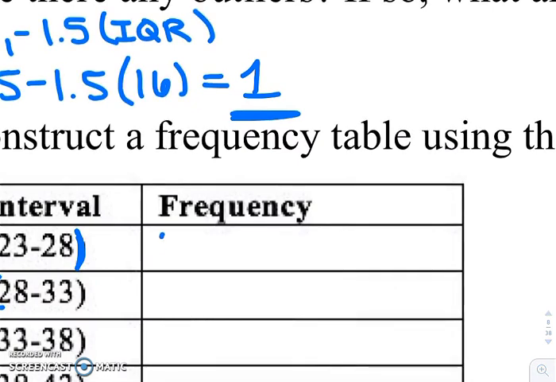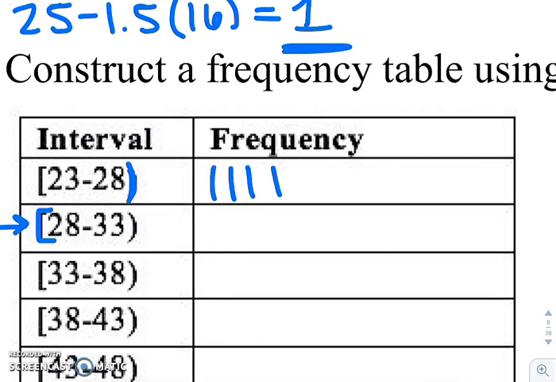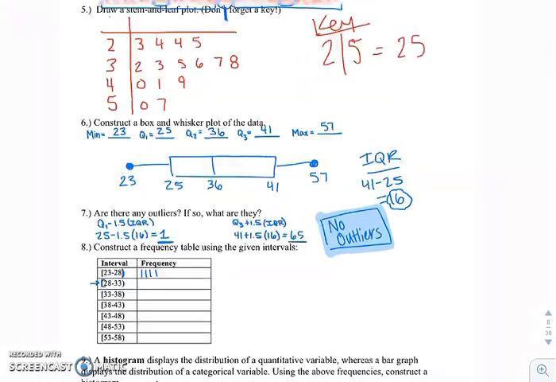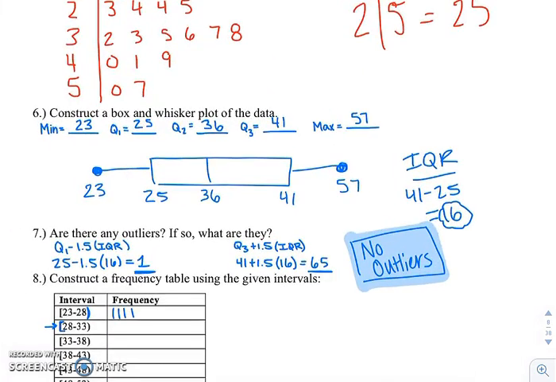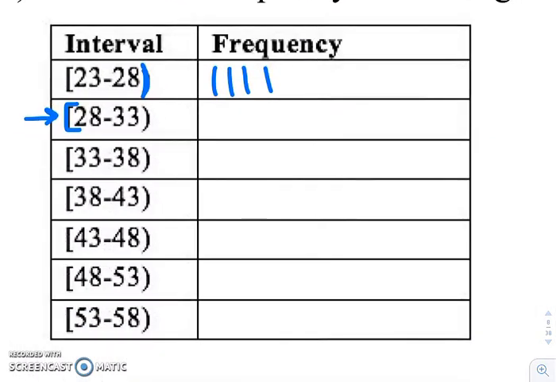So we just tally how many times a number occurs within that interval. 28 to 33. We've got one number from 28 to 33. And 32, I'm sorry.